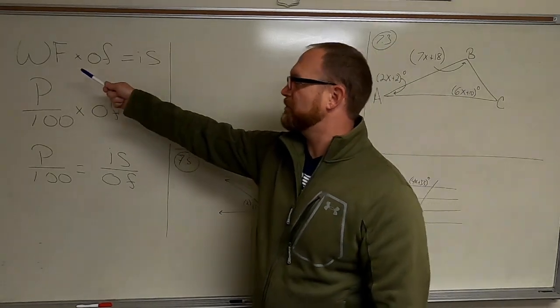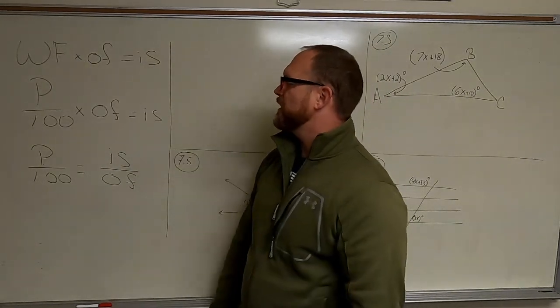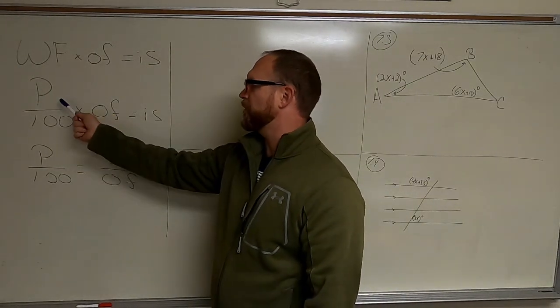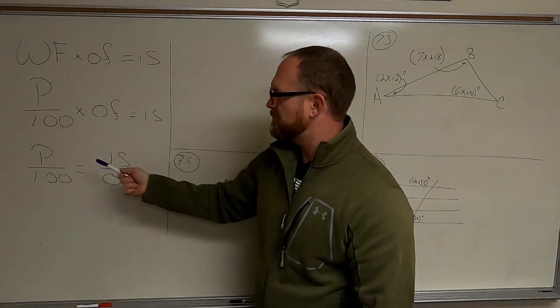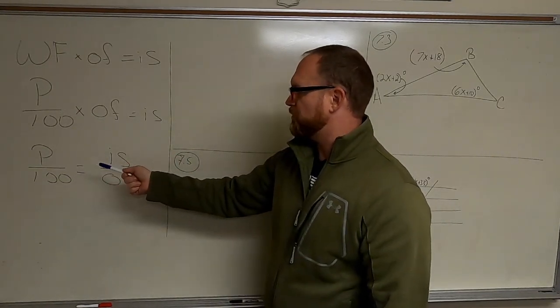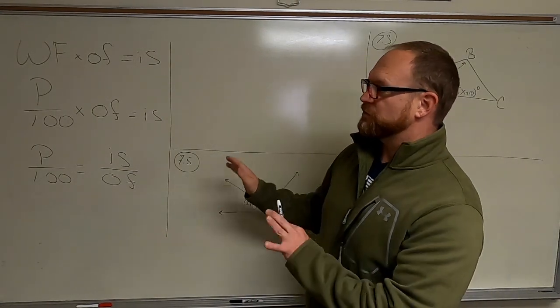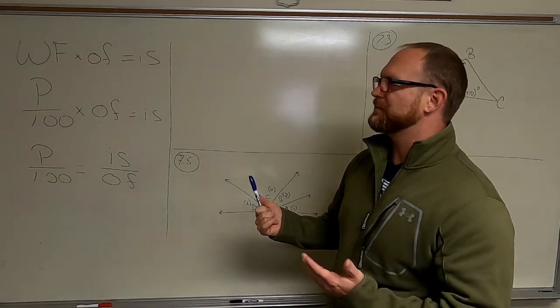Your book says W F times of equals is, or what fraction times of equals is, and it says P over 100 times of equals is, or part divided by 100 times of equals is, and then P over 100 equals is over of.